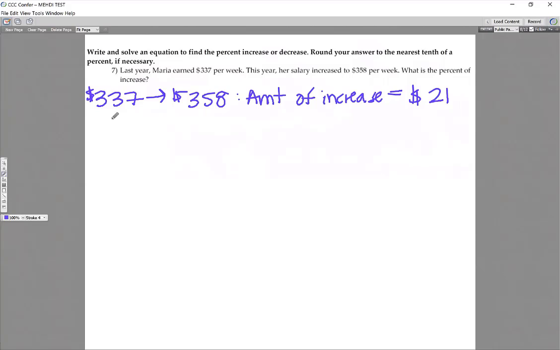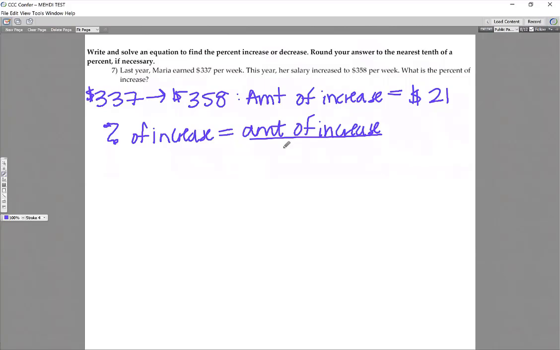So to find the percent of increase, which is what we are asked for, remember that the percent of increase is equal to the amount of increase over the original. Okay, and we're going to multiply that by 100% because we're asked for the percent of increase.